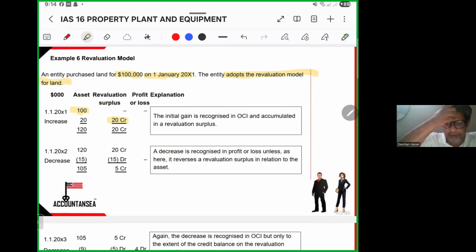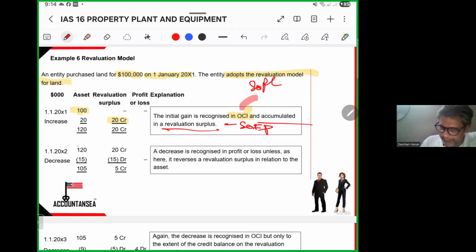So the initial gain is recognized in other comprehensive income, not in the statement of profit or loss, and accumulated in revaluation surplus in the SOFP, the statement of financial position, on 1st January 20X2.